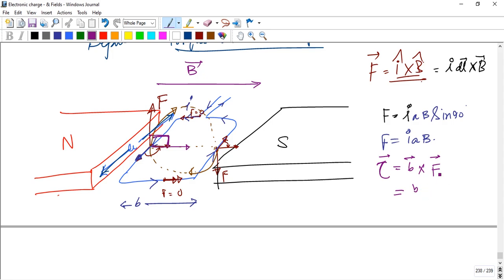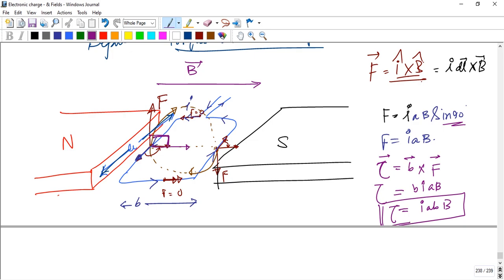So b times F, and F we get as I a B, sine 90 being 1. So tau equals I a B times b. That is the expression of torque.